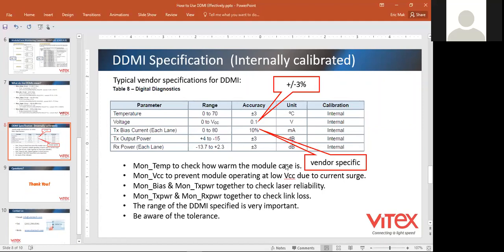Yeah, that's a very good question. The way they calculate the number for you for the DDMI is also indirect, right? So it's not like a power meter where you can measure a power and then display the value. They just use it to calibrate, right? So for instance, they measure the output power by looking at the current, right?